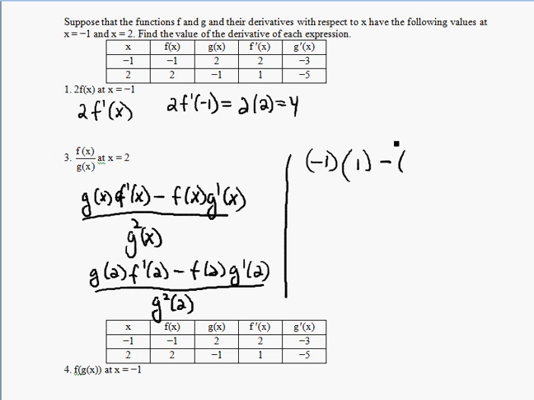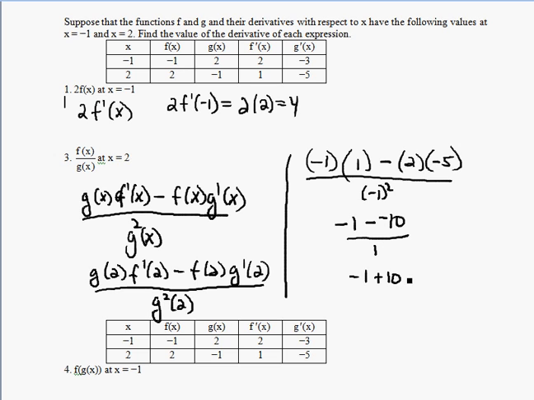F of 2 is equal to 2. G prime of 2 is -5, all over g of 2 squared. So that's -1 squared. So this is -1 minus a -10 all over 1. So that's -1 plus 10, which equals 9.